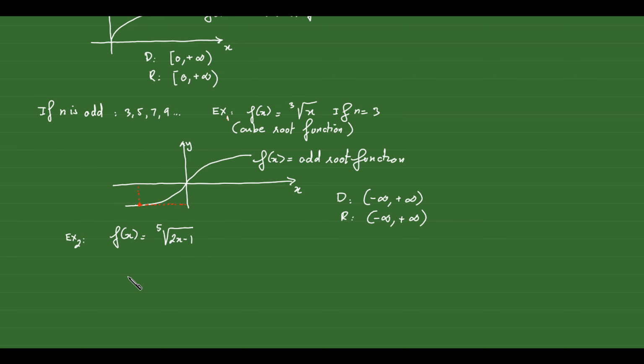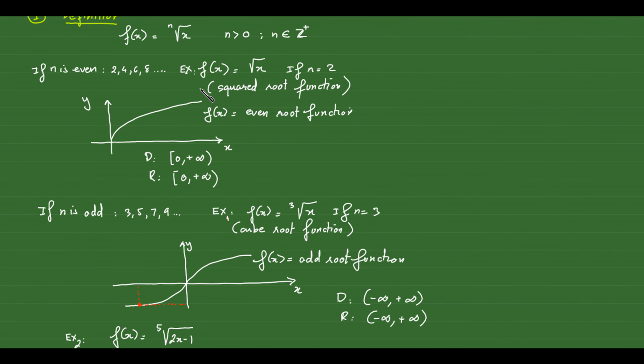So over here, the domain is also from negative infinity to positive infinity. Same thing, because for the fifth root, we can take the fifth root of a negative number. But for the square root, it will be different.